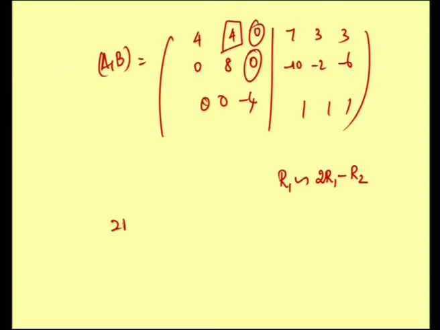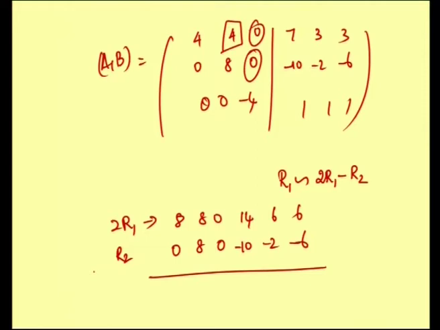So, what is 2 times R1? You can see 2 times R1 is 8, 8, 0, 14, 6, 6, and R2 is 0, 8, 0, minus 10, minus 2, minus 6. Just subtract, isn't it? 2 times R1 minus R2 gives you 8, 0, 0, 24, 8, 12. Okay.